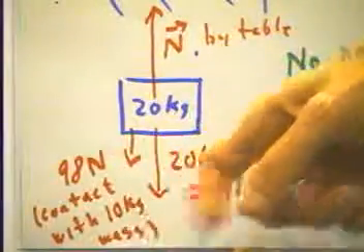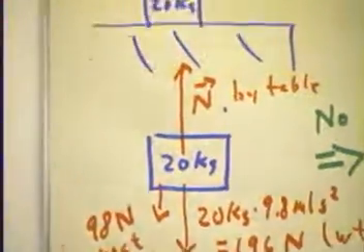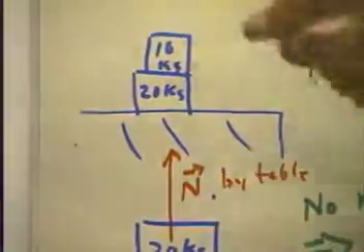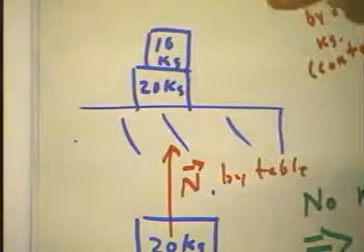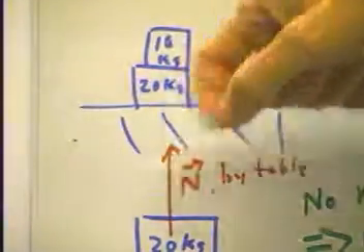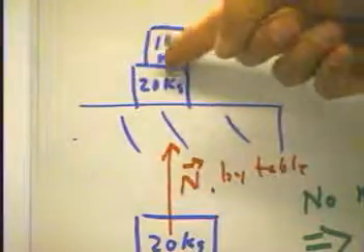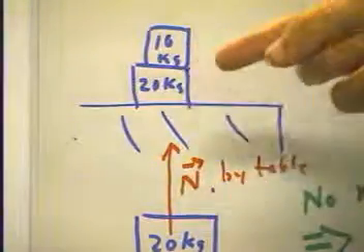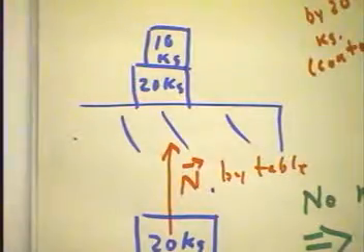That's a contact force with the 10 kilogram mass. Because if we look up here again, we can see that since the 10 kilogram mass isn't going anywhere, it has a 98 Newton downward force from gravity. There must be a 98 Newton upward force, and the only thing in contact with it is the 20 kilogram block, so it must be exerting a 98 Newton upward force.